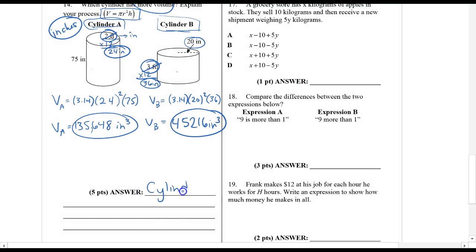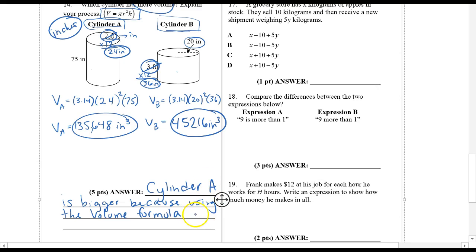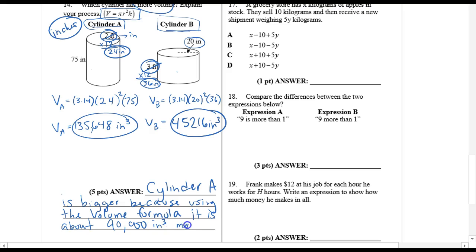Cylinder A is bigger because using the volume formula, it is about, if I find the difference between these two, I think it's like 90,000, so we'll say it's about 90,000 inches cubed more.